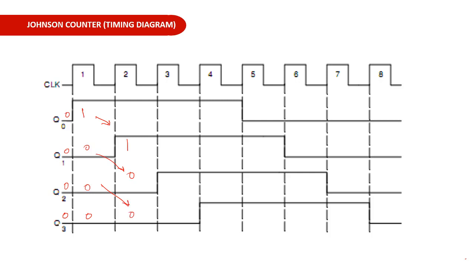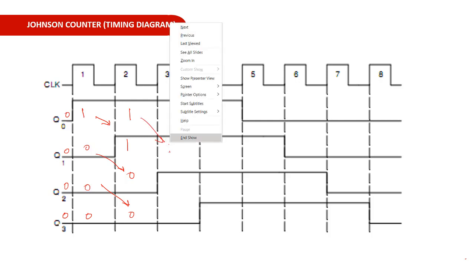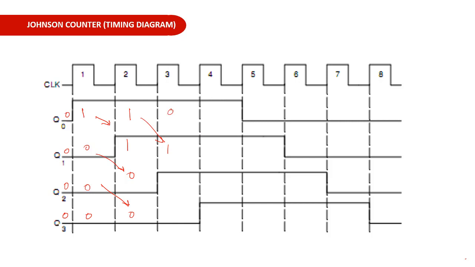And when the next clock pulse comes, this will be 1. So this will be 1. This one is 1, then this is 0, so 1 will be 0. And similarly, since this is 0, when the next clock pulse comes, this will be 1.